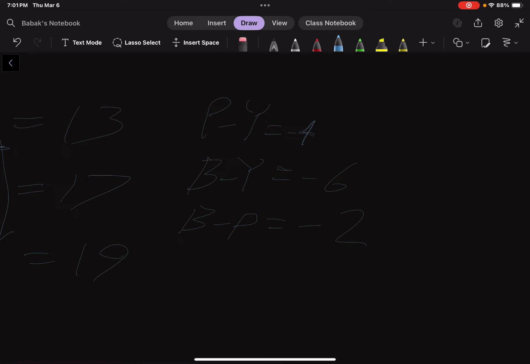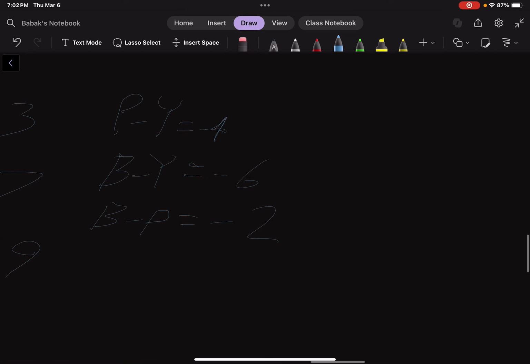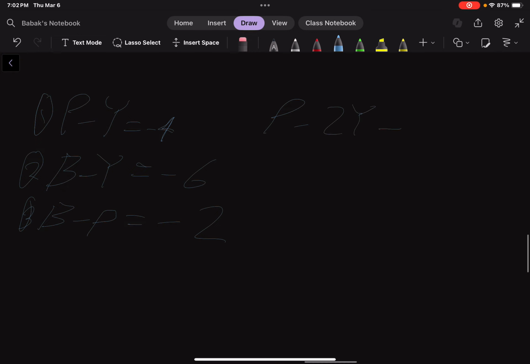Now, what do we do in this case? Well, we add up the equations such that they have 3 terms. And now we will get 3 equations and 3 variables. As you can see, we have 3 variables. So let us once again label this equation 1, 2, and 3. If you add equation 1 and 2, you get p minus 2y plus b is equal to negative 10.